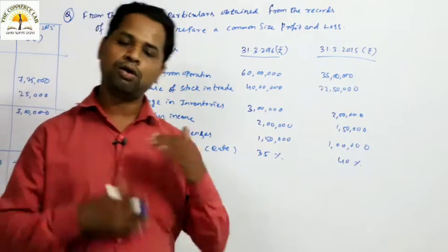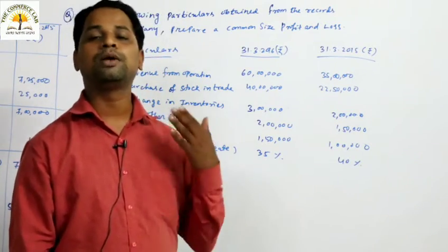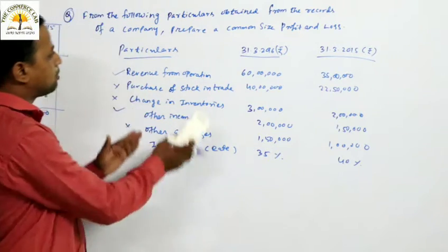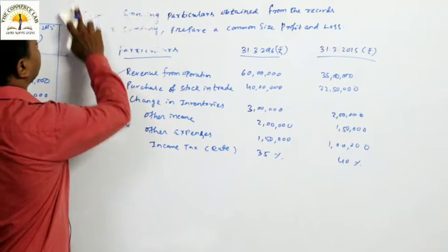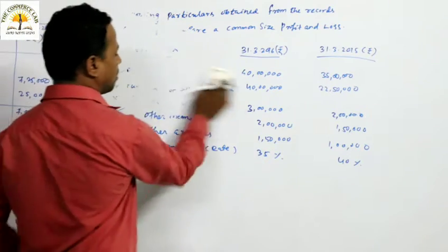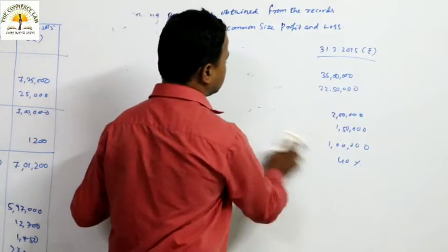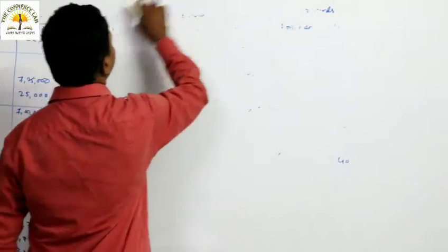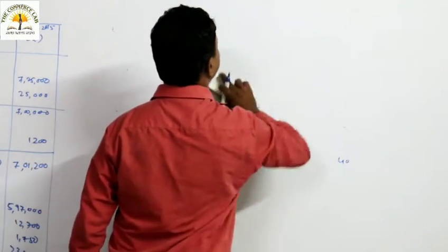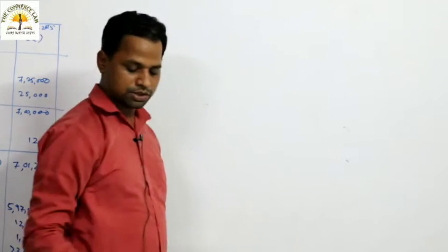When we deduct all the expenses from the income, we get the profit. From this information, we have to calculate the common size income statement or common size profit and loss.